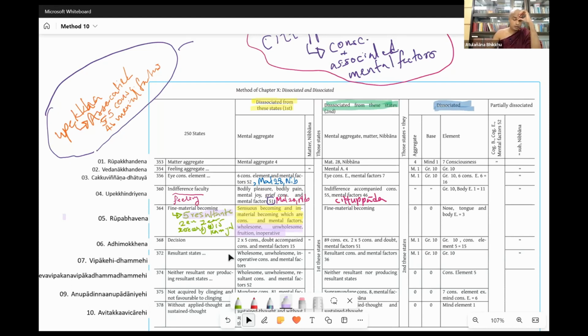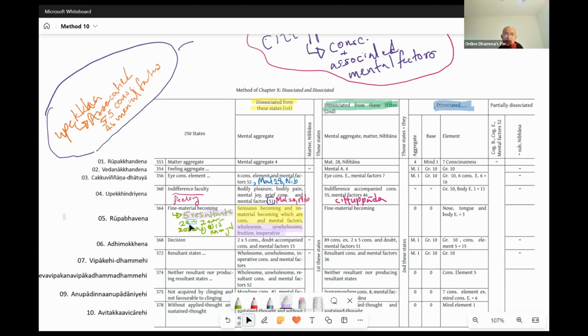Oh, and one more thing. In some part of Vipaka, not only the five fine material resultants, but some other resultants are also included here, which is the two eye consciousness, two ear consciousness, two receiving consciousness, and three investigating chittas.